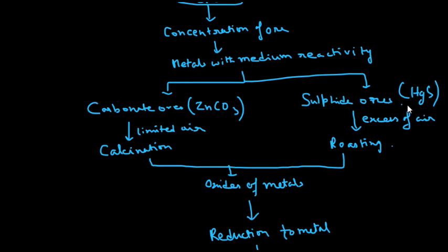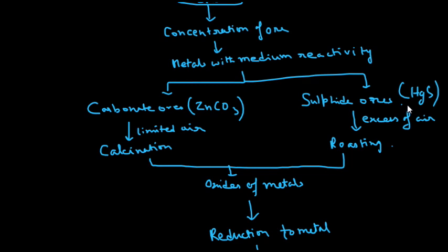So if it is a carbonate ore, then in limited air we do calcination. What happens after calcination? It forms oxides of those metals. If it is a sulfide ore, then we do roasting in excess of air.